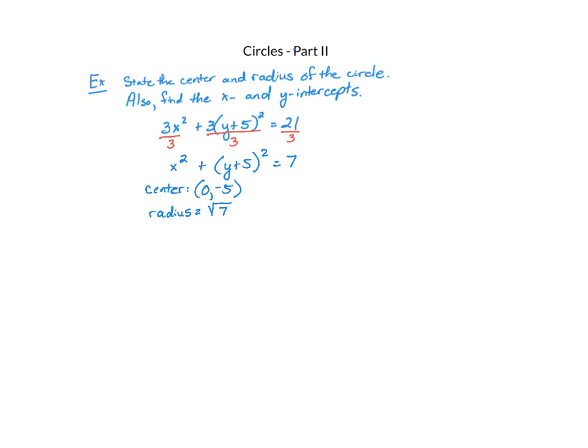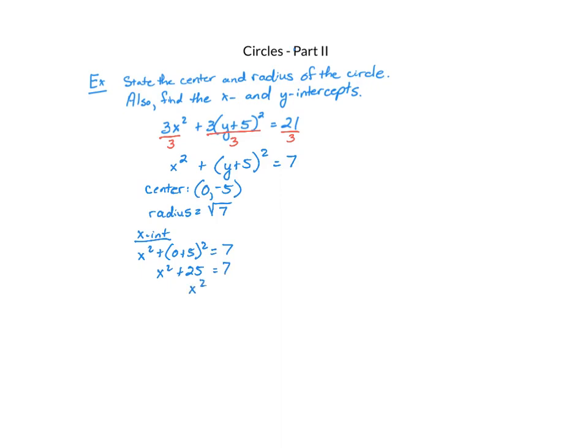If you recall, for any graph, if you're finding the x-intercepts, you always set y equal to 0. So I would have x squared plus (0 plus 5) squared equals 7. If we simplify, we have x squared plus 25 equals 7.